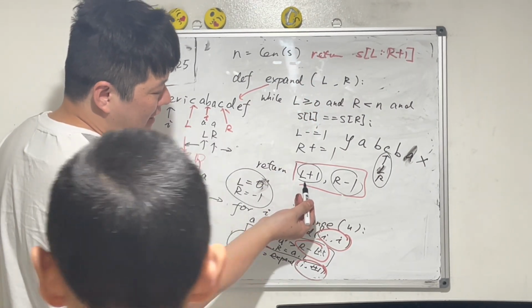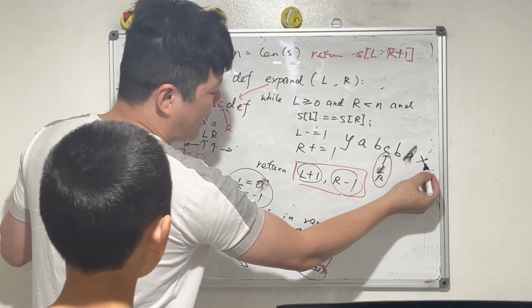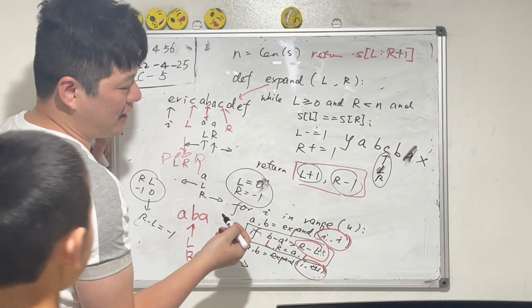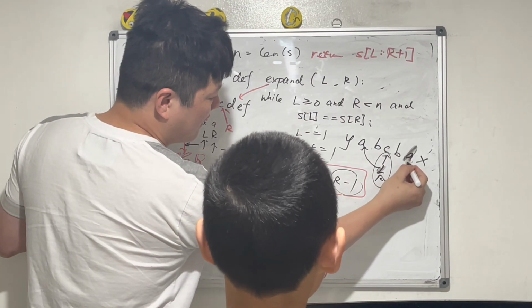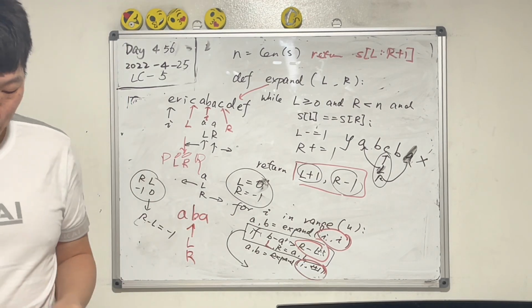Where is L and where is R? If the string is Y, A, B, C, B, A, X, and L or R points to C, where's the left? Left is A, and R is the other A. Well done, you got it. Do you understand? Okay, well done.